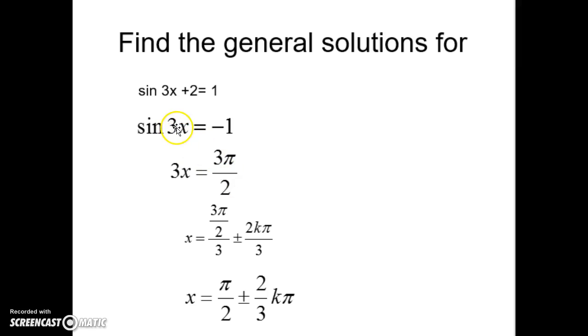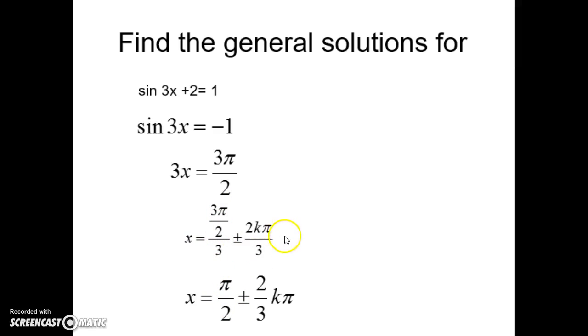But instead of setting x to 3 pi over 2, I'm going to set the entire angle measure of 3x to 3 pi over 2. So here's my angle measure, and that's where the sine of that angle measure is 3 pi over 2. Now I'm just going to solve for x, so I'm going to divide both sides by 3. And so 3 pi over 2 is 3 pi over 6, which cleans up to pi over 2.